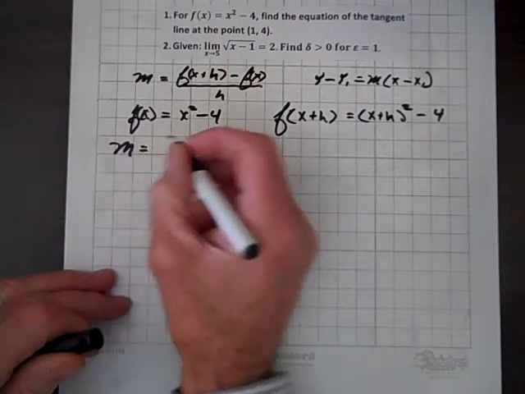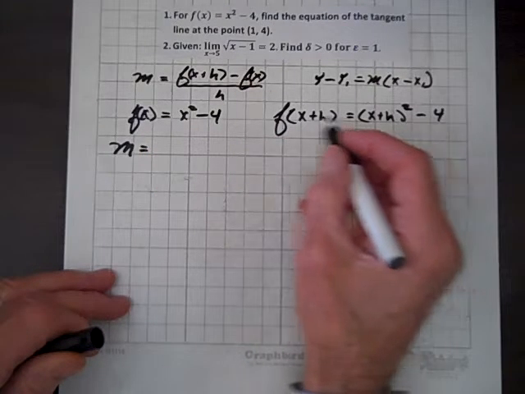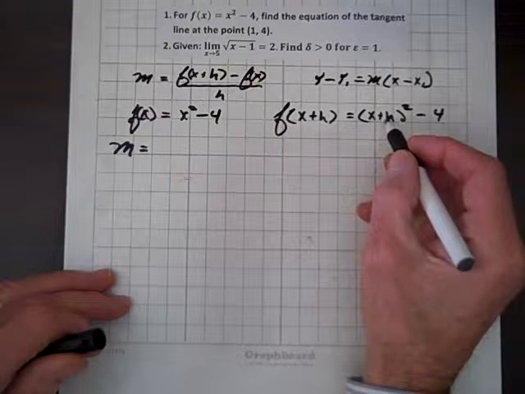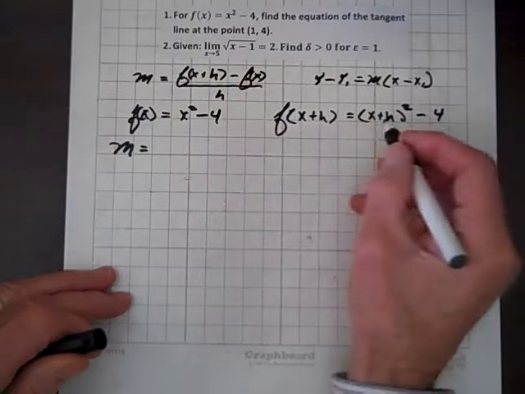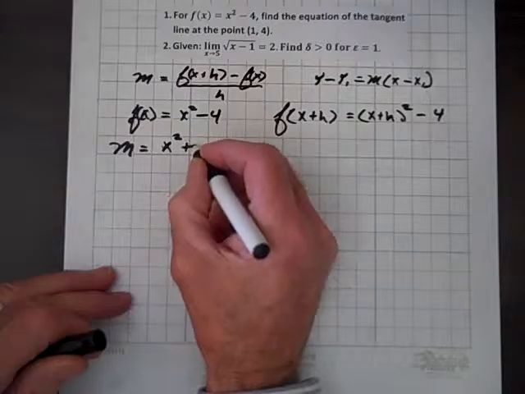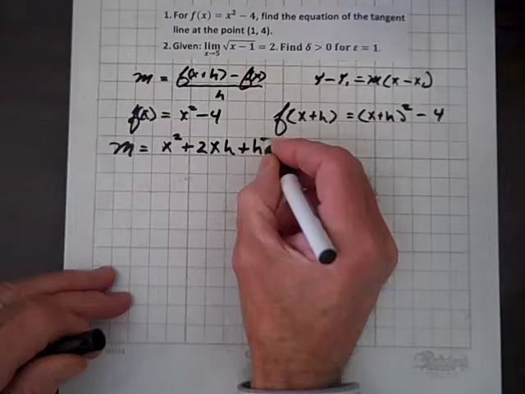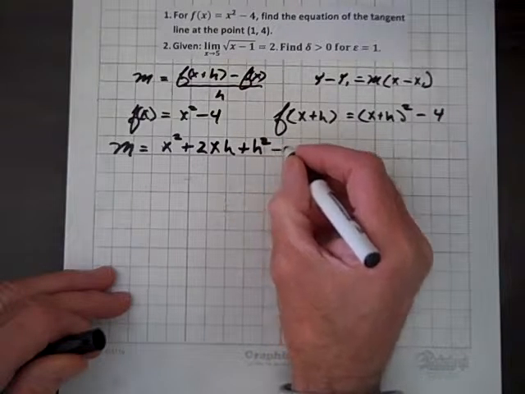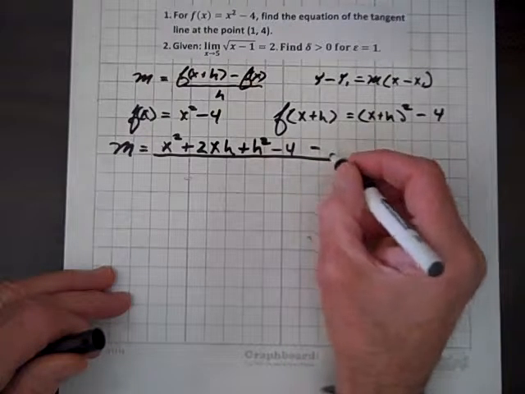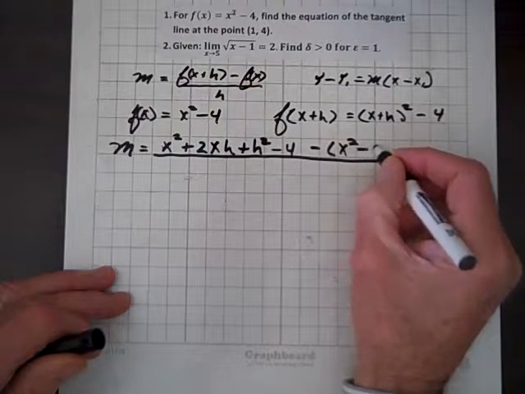So m equals, and in place of f of x plus h, we'll substitute this, but we'll square out this x plus h. As you know by the FOIL method, if we square that, we get x squared plus 2xh plus h squared, minus that 4, and minus f of x, but f of x is x squared minus 4.